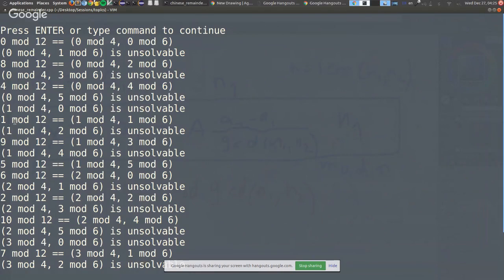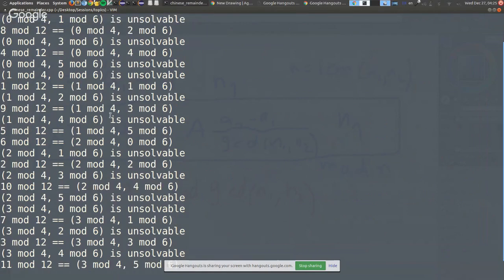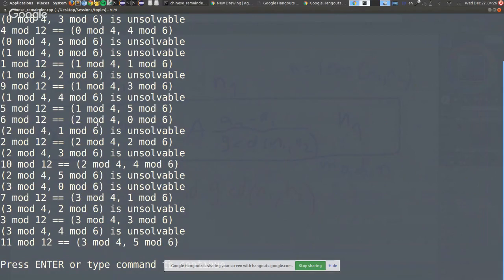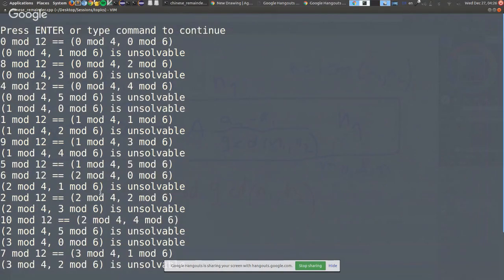So here the 1 corresponds to 1 and 1, 9 corresponds to 1 and 3, and it keeps going. So here are all the possible pairs.